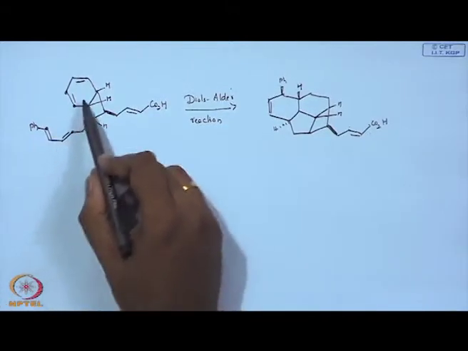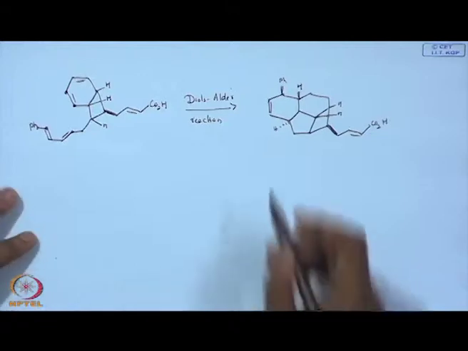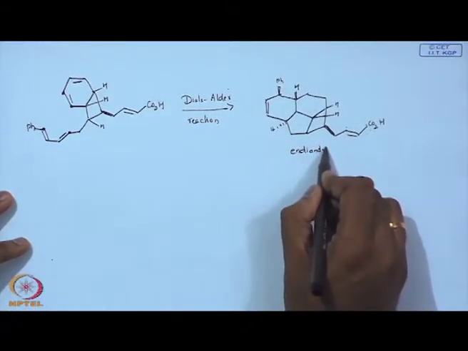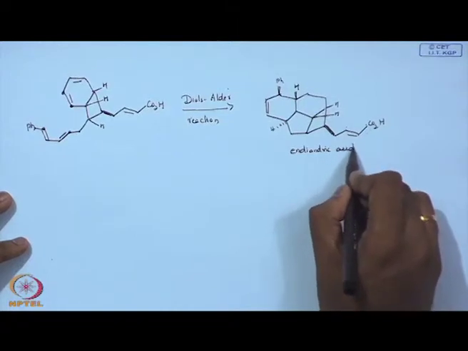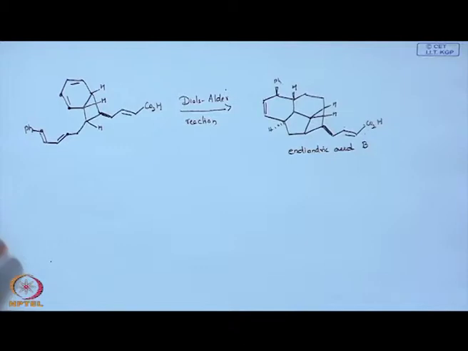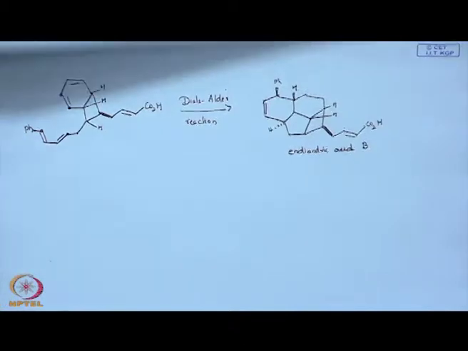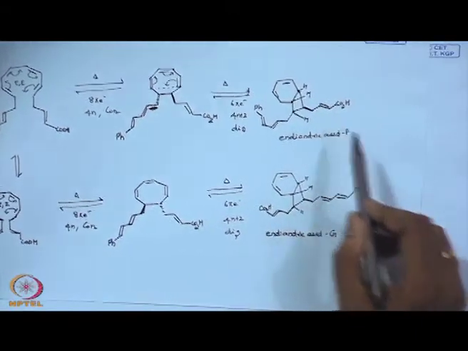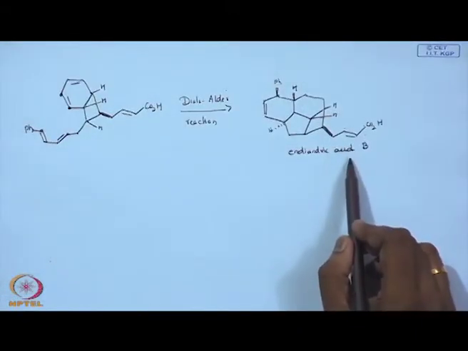Yes, clear? So this is endric acid B. Fine. So you have taken endric F, right, and then you did the Diels-Alder on this, you got endric acid B.